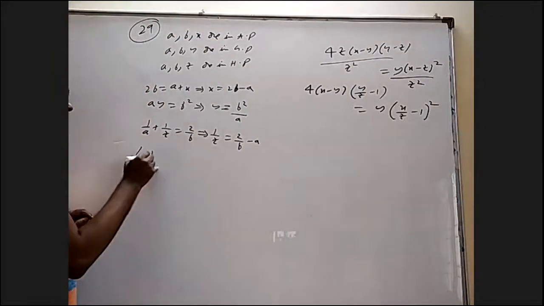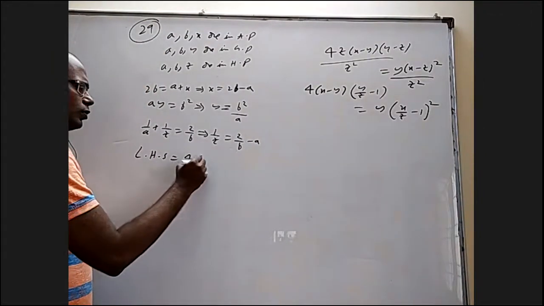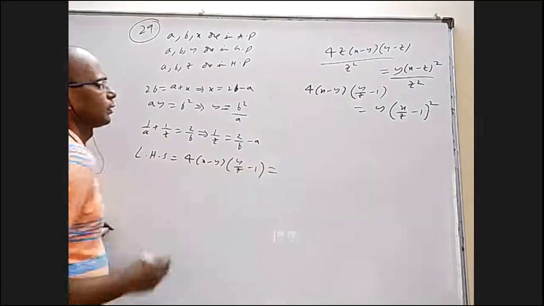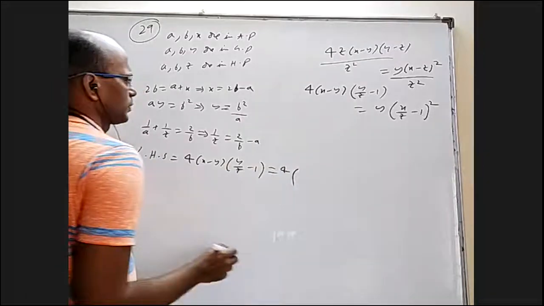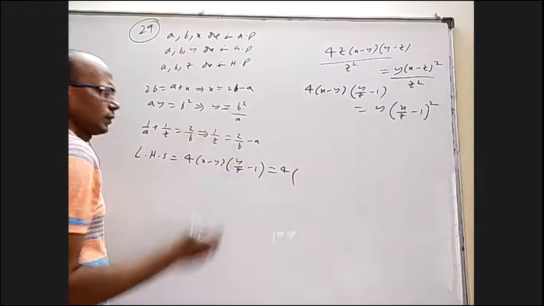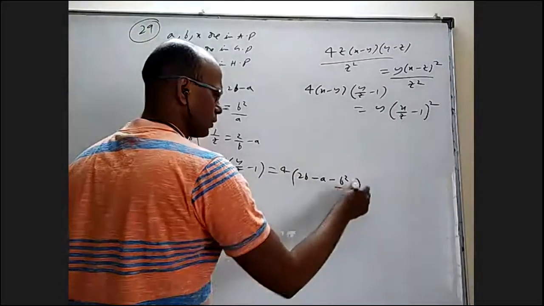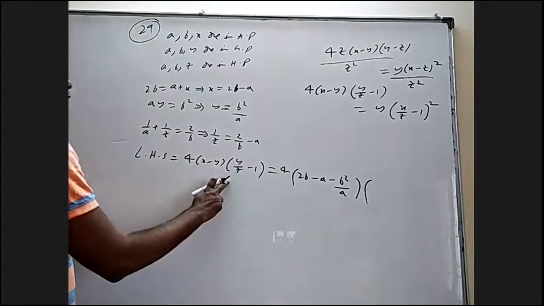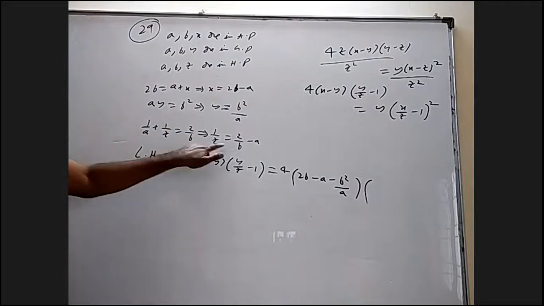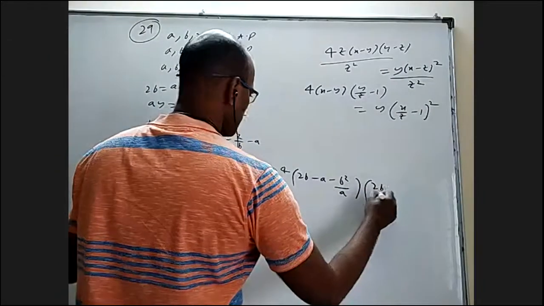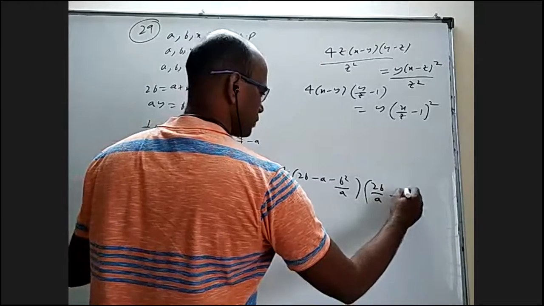If I take only LHS, 4 into (x minus y) into (y by z minus 1). 4 into what is x minus y? That is 2b minus a minus b square by a. What is y into 1 by z? That is product of these two. When I multiply these two, 2b by a minus b square.